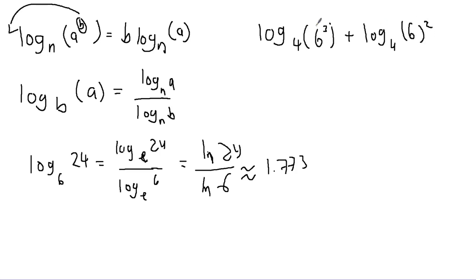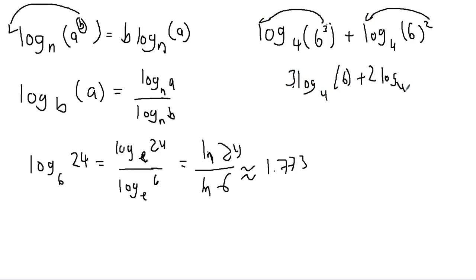If you want to simplify this, you can put the 3 in front, the 2 in front. You'll get 3 log base 4 of 6 plus 2 log base 4 of 6. And then you can get 5 log base 4 of 6. And that's your answer, basically.